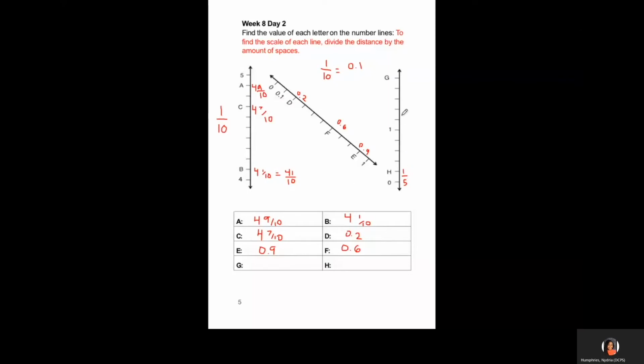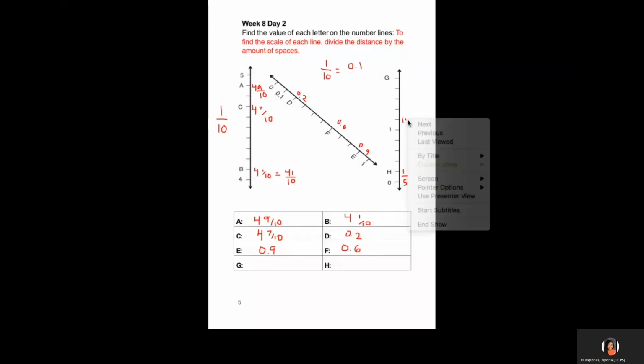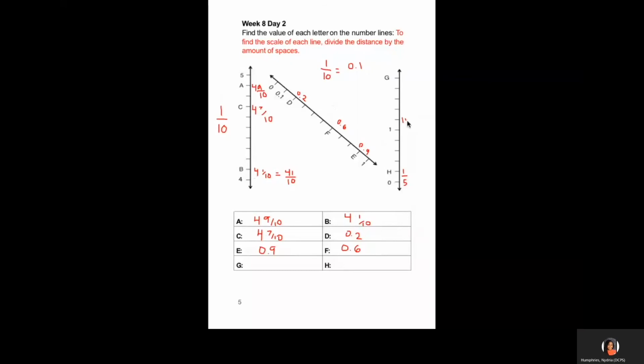So let's see, we have the same amount of spaces from 1 to G. 1, 2, 3, 4, 5. And we do. So that means this line here will be 1 and a fifth, right? 1 and 1/5, 1 and 2/5, 1 and 3/5, 1 and 4/5, 1 and 5/5, which is 2.